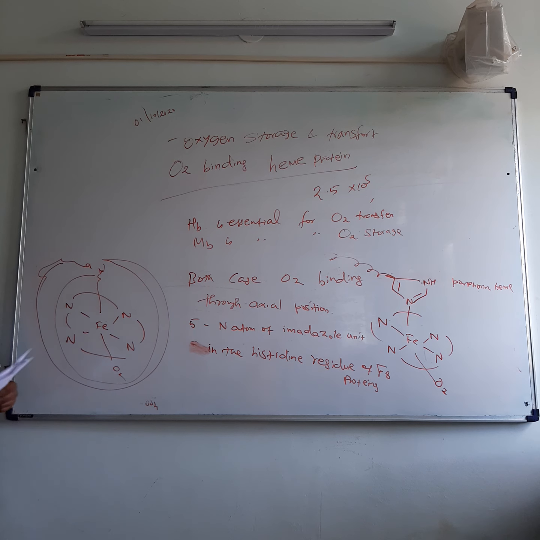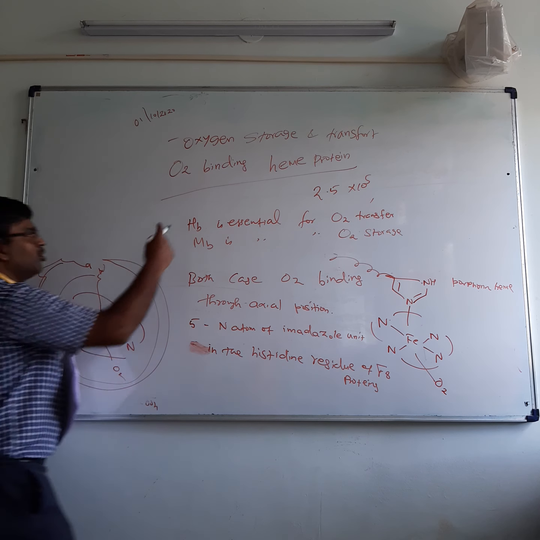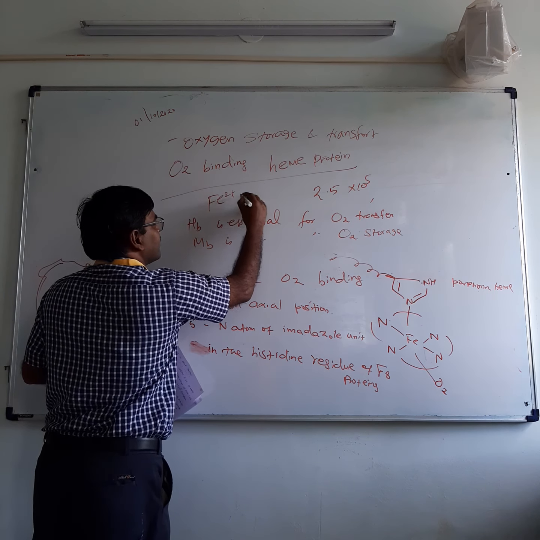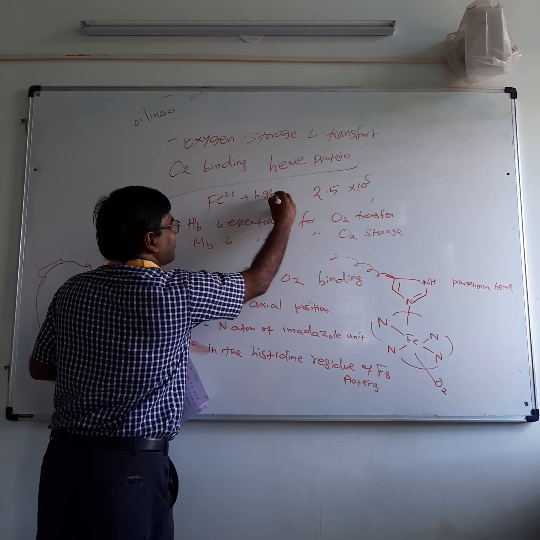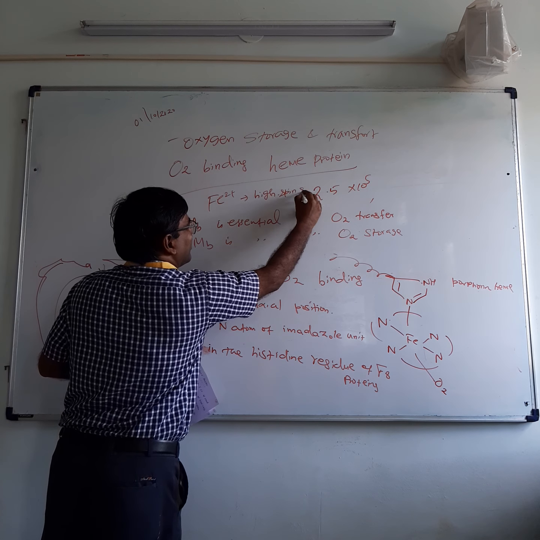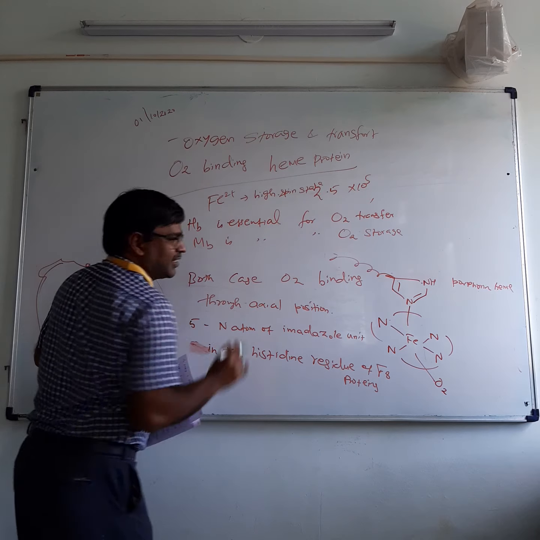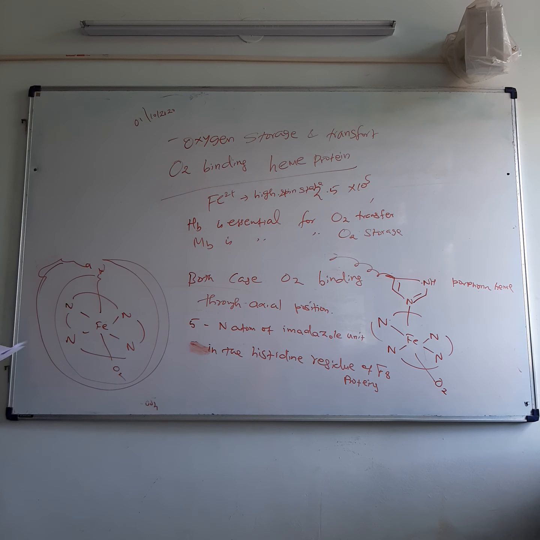The complete heme unit will be encapsulated inside the protein units. This is how the overall system of hemoglobin or myoglobin will be. And the most important thing is iron 2 plus will be in the high spin state.